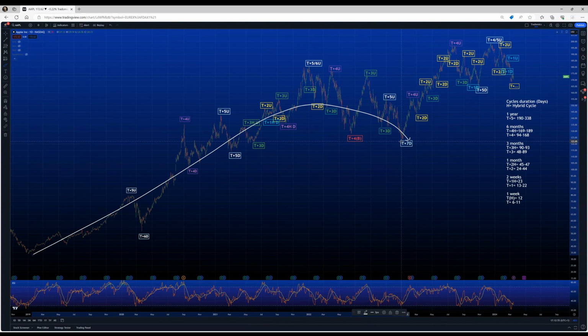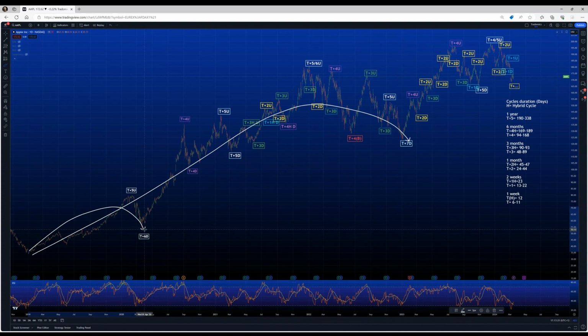It ended in 2023, but it started in December 2018. 2018 to 2023 is a T plus 7, so the T plus 7 is between 3 to 5 years. We have had this first yearly cycle.